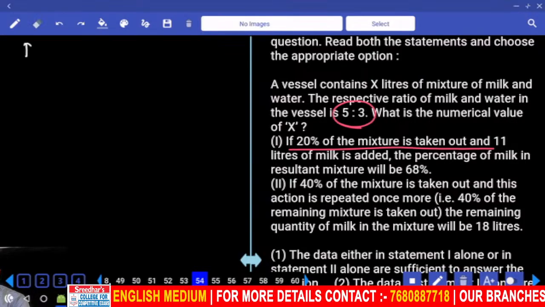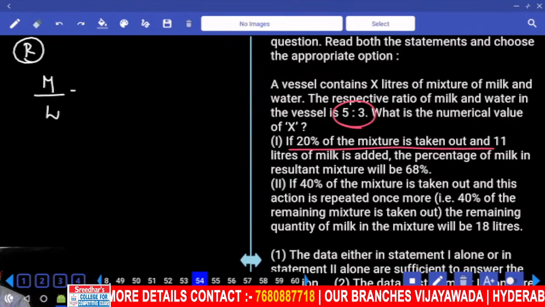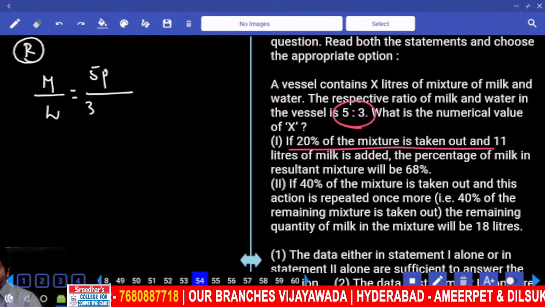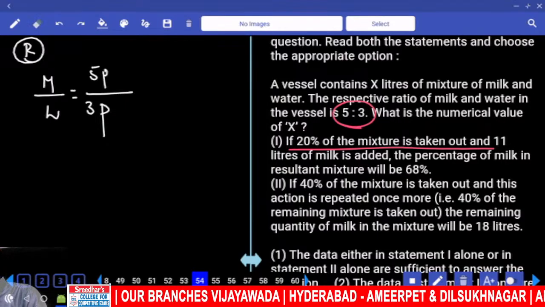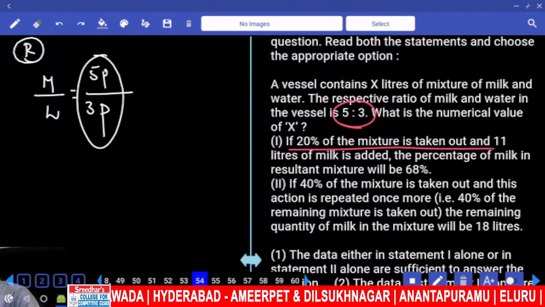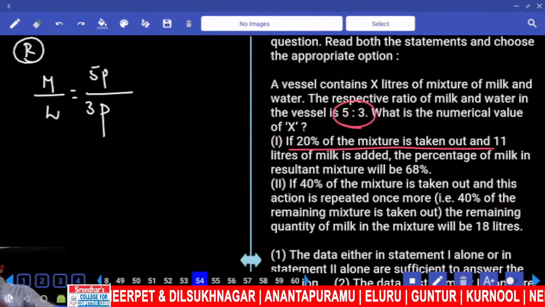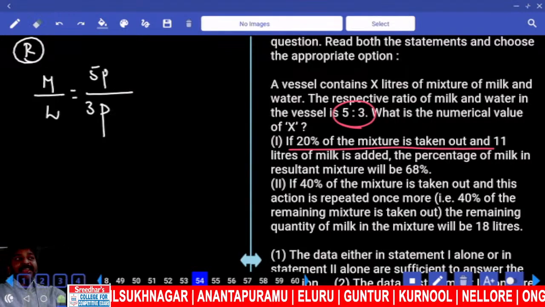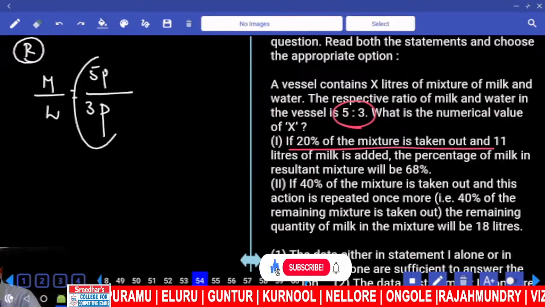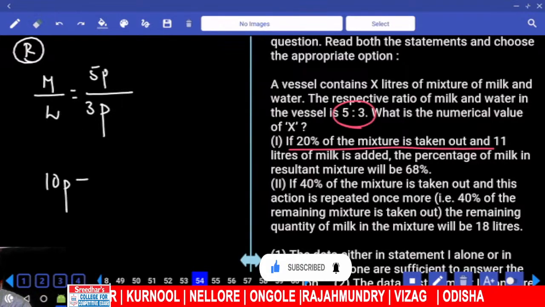So in the remaining quantity we can calculate the milk and water ratio, which is 5 parts and 3 parts. Correct? Come on. How much is the remaining quantity now? So far how much percentage is taken out? Remaining is 80%. 80% is equal to 100% is equal to 10 parts.